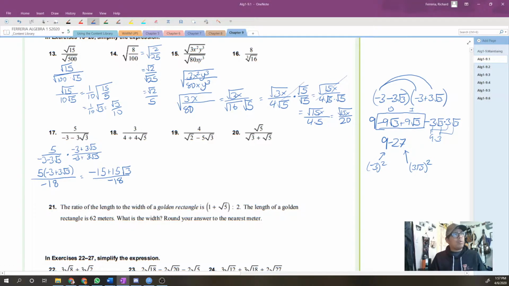So we'll do that real quick for number 18. This is going to be 3 over 4 plus 4 rad 5 times the conjugate, which would be 4 minus 4 rad 5.